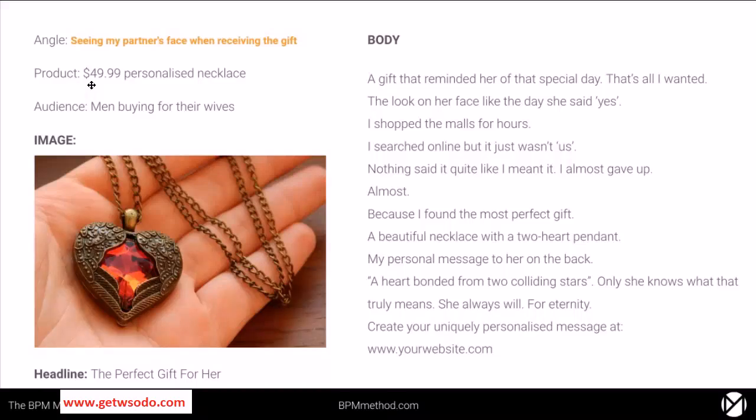But the other thing you can also do is edge up the price, because now you're selling value. You could sell this for $60, $65. You can do price testing on that. Now all of a sudden, not only is your CPA, your cost per acquisition, dropping, but your return on ad spend is increasing because the value of what you're selling is so much higher.